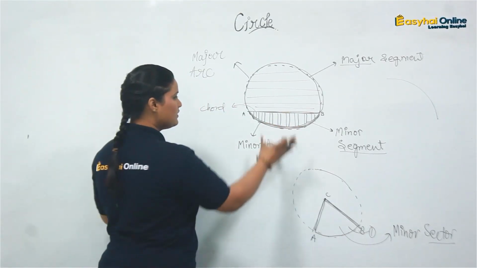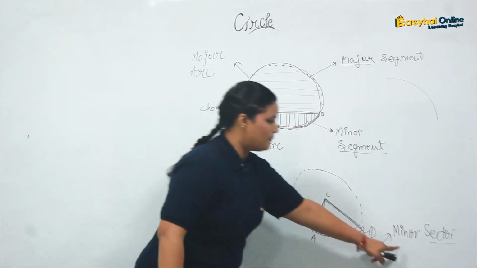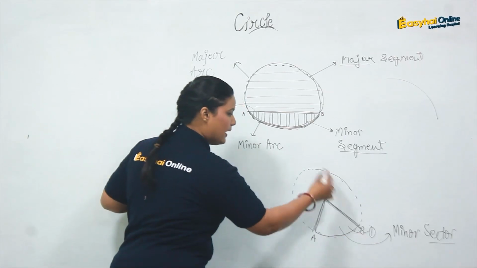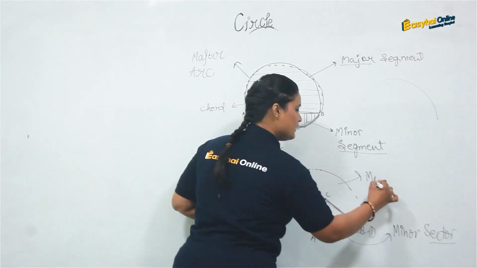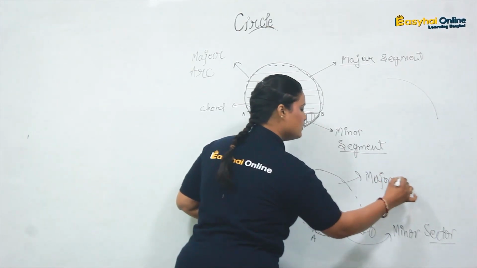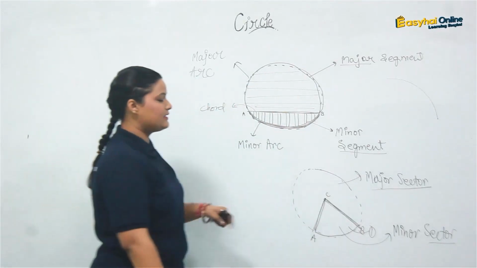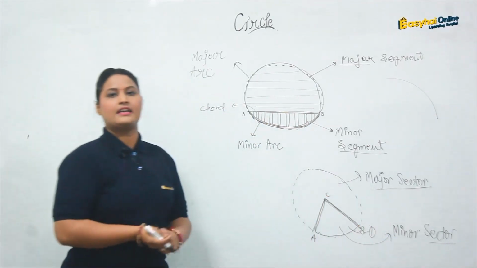So this is different and this is different. This is the minor sector, and similarly the remaining major part is known as the major sector. Clear? This is your major sector and this is your minor sector.